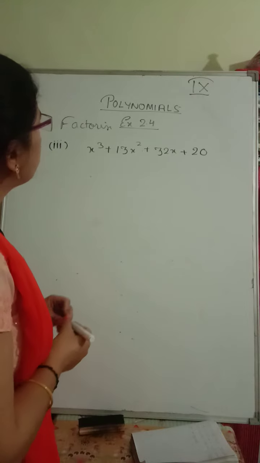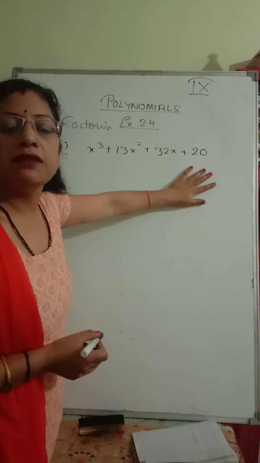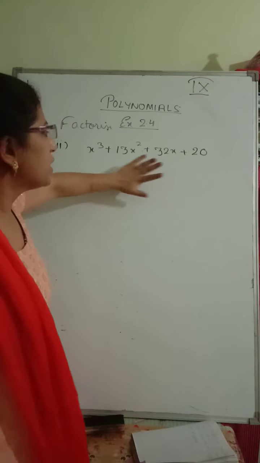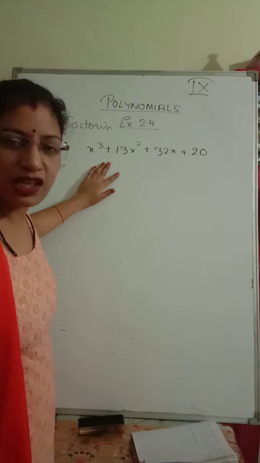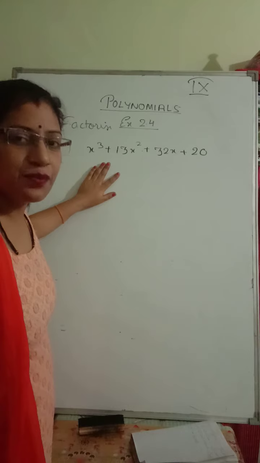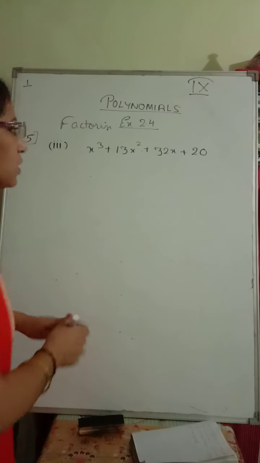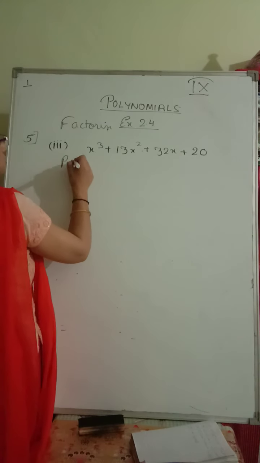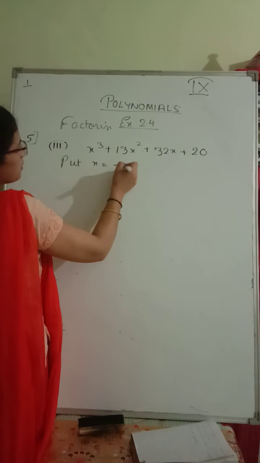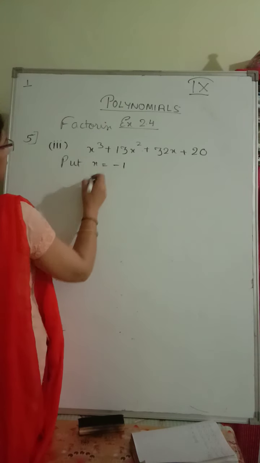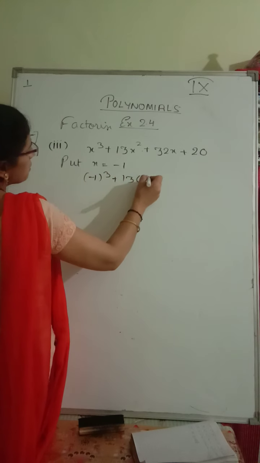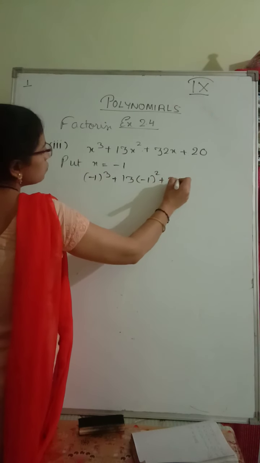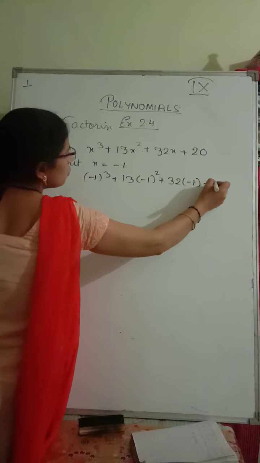Same way, put the values plus 1, minus 1, plus 2, minus 2. Look here, if we put x equals plus 1, there will be no minus anywhere, so it won't cancel, 0 won't come. So let us put x equals minus 1 first, because we need minus here to cancel. So minus 1 cube plus 13 into minus 1 square plus 32 into minus 1 plus 20.